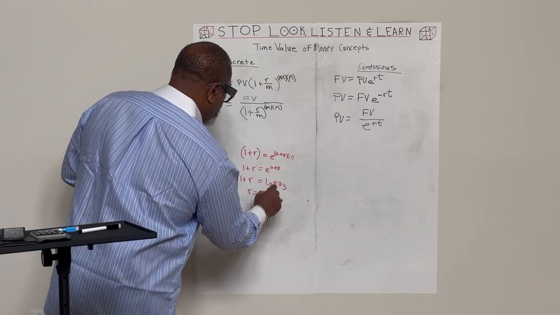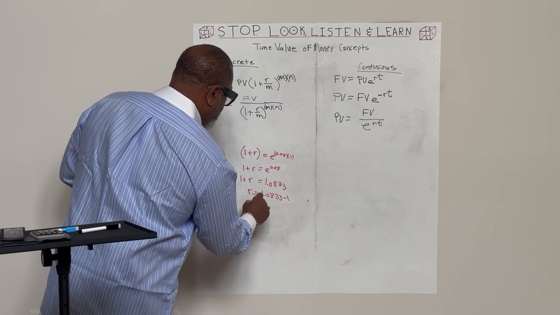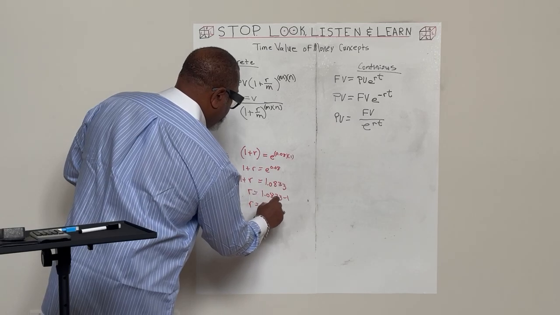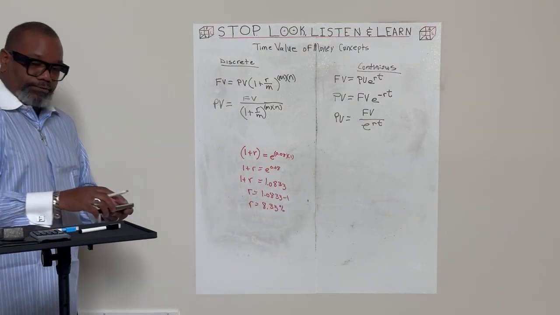This is 1.0833 minus 1. So the effective annual rate is gonna be 8.33%, right?